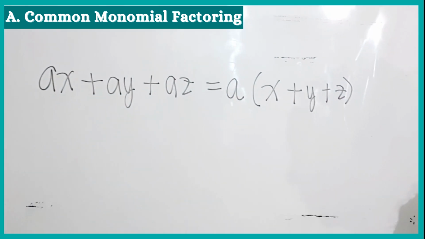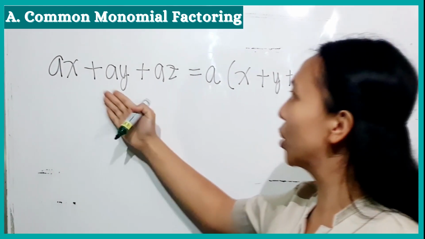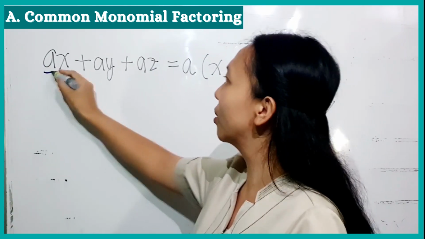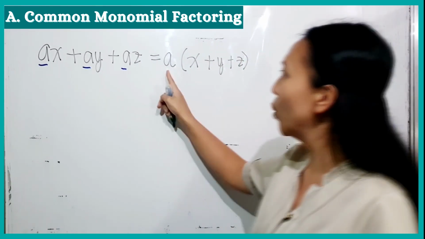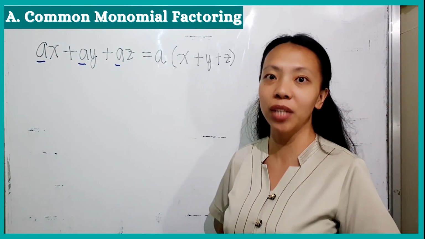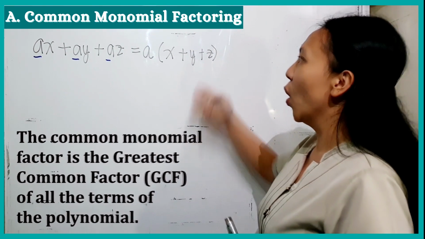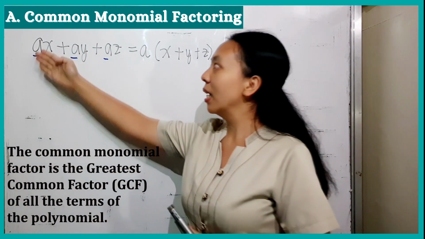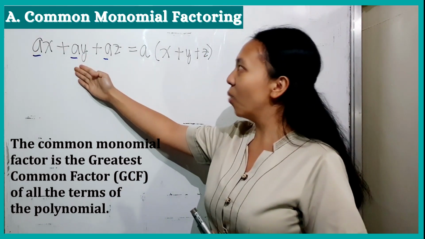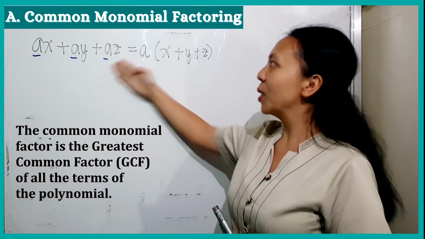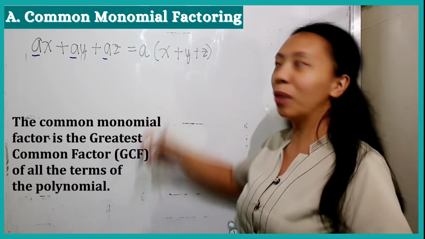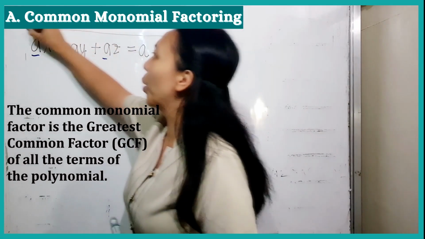How did we get it? If you notice these three terms here, a is common to them. Therefore, we have here our common monomial factor a. To get the other factor, x plus y plus z, all we need to do is divide ax, ay, and az by a. Here now is the pattern for common monomial factoring.